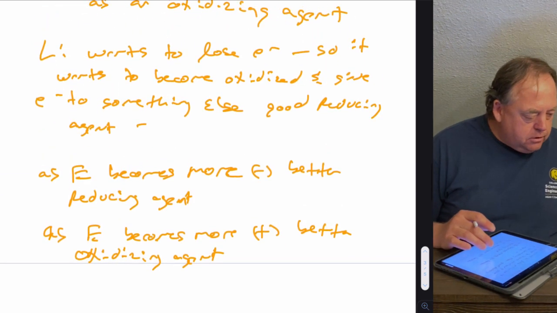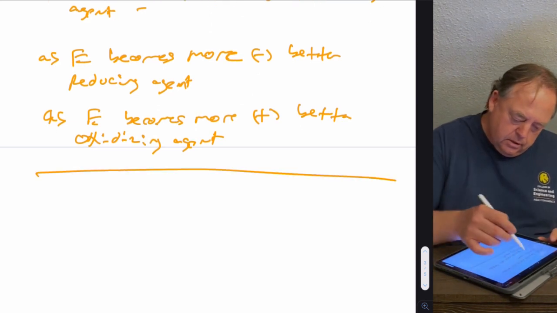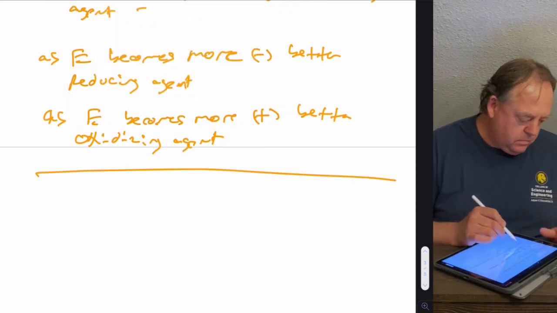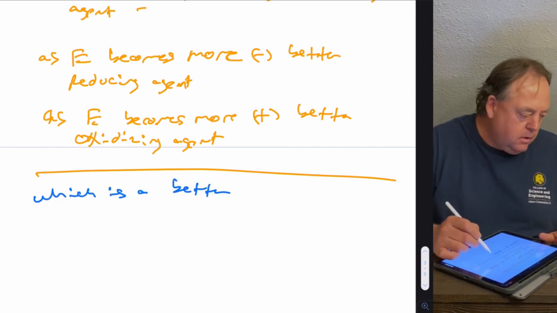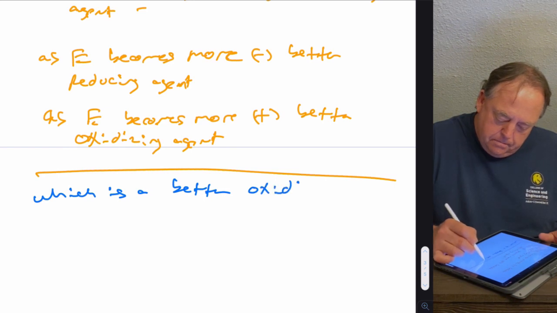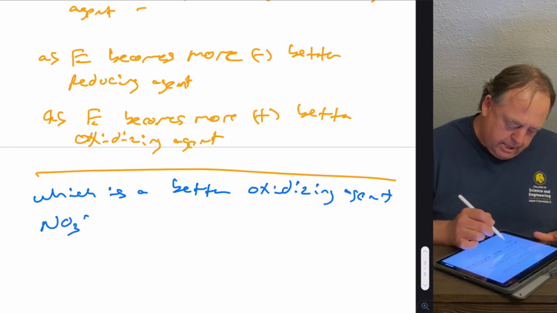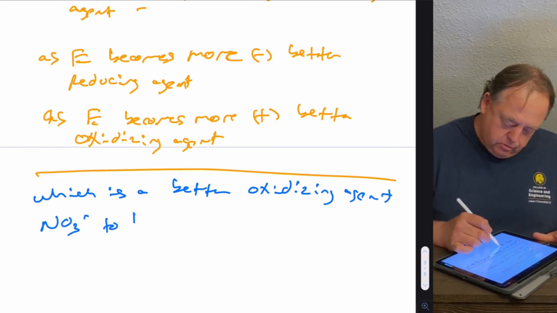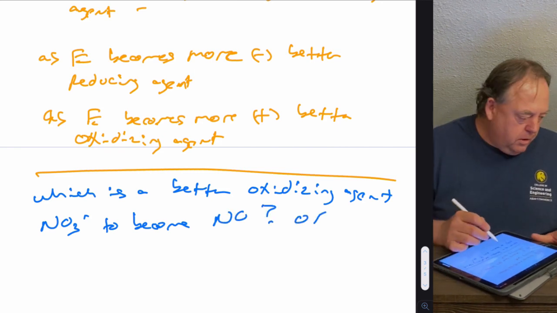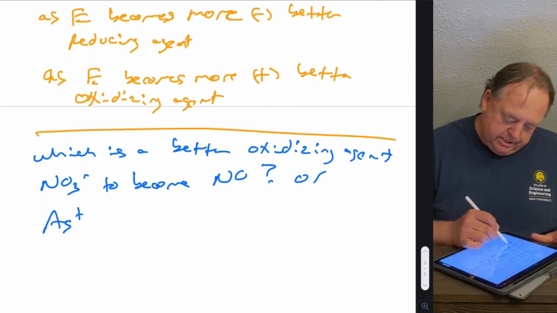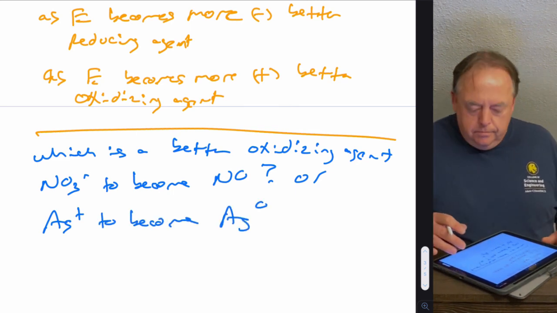Okay, so we can use this to answer some basic questions. So if we take this example, which is a better oxidizing agent: NO3 minus, nitrate, to become NO, or Ag+ to become Ag0?